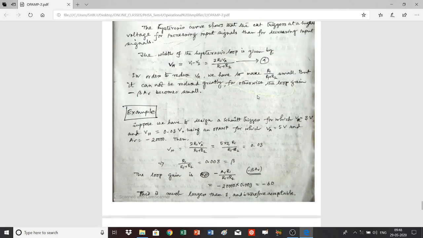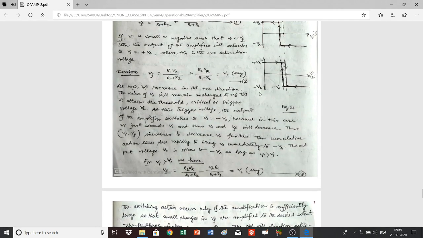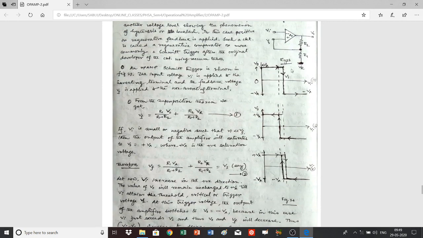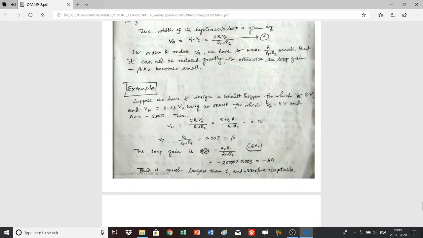Now let us consider we wish to design a Schmitt trigger for which the reference voltage VR is equal to 3 volt, and the hysteresis is 0.03 volt, and you will use an op-amp for which the positive saturation value is 5 volt, and the gain Av is given as 20,000.